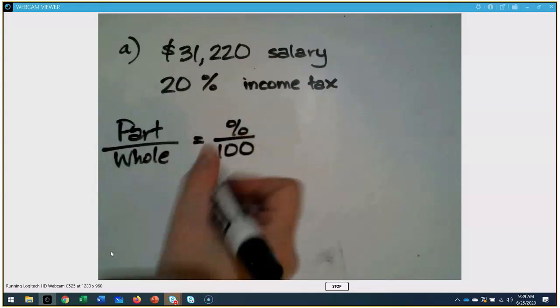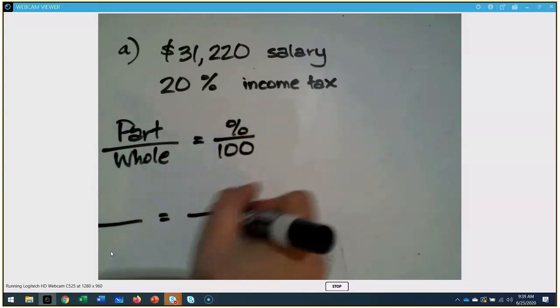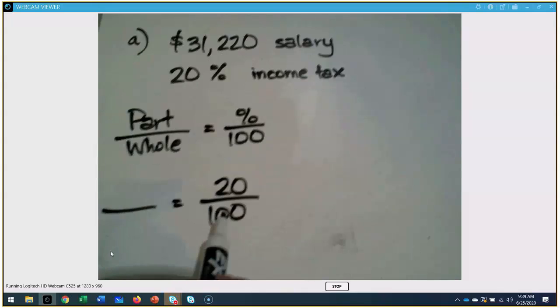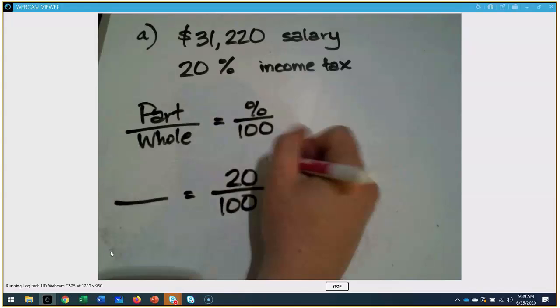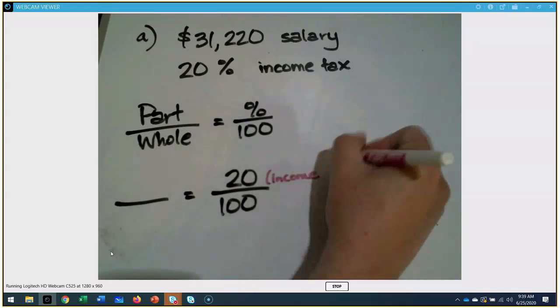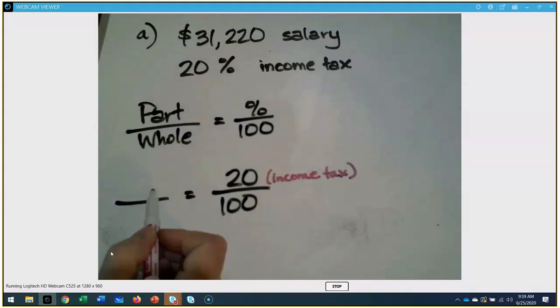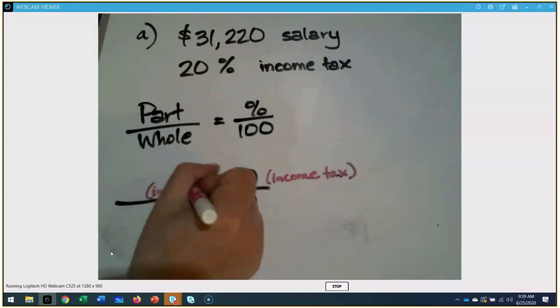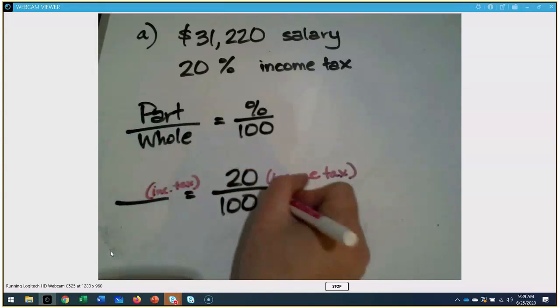And then if I plug in the 20 in place of my percent, this represents the income tax. So on this side, that's also going to represent the income tax. This is the total.